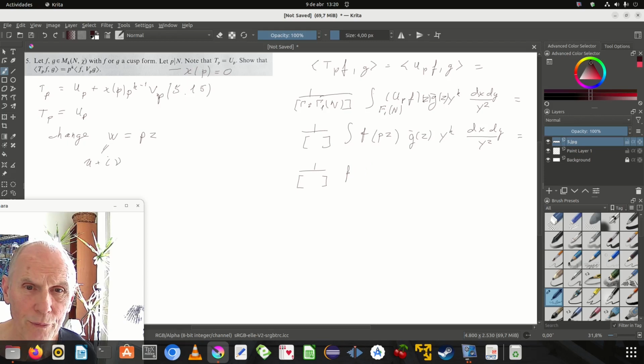So f of w, g bar of w divided by p, y to the kth, that becomes v to the kth divided by p to the kth.